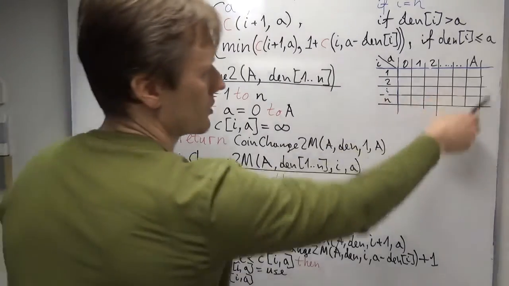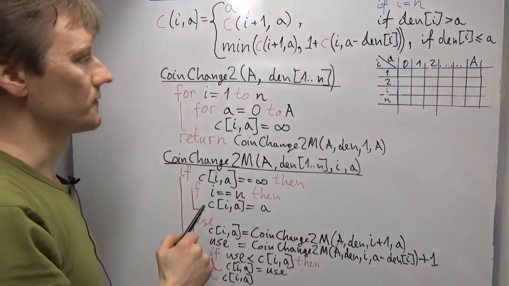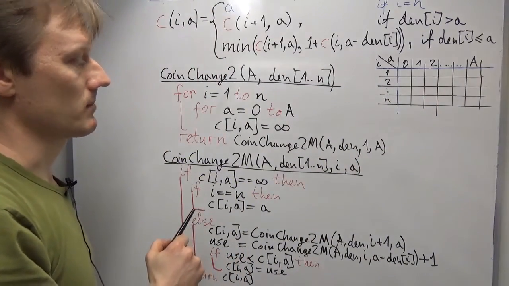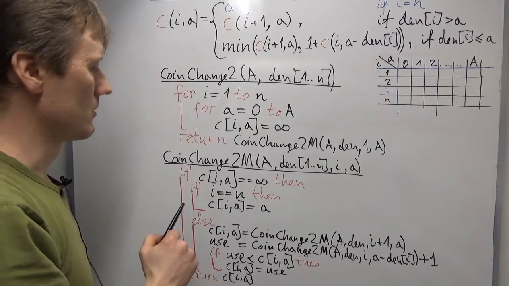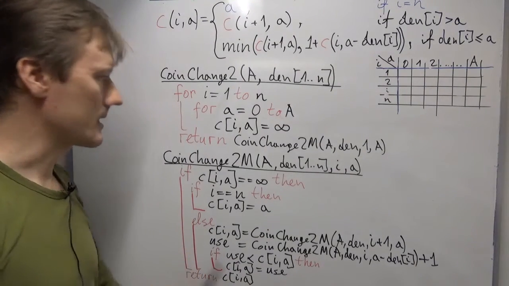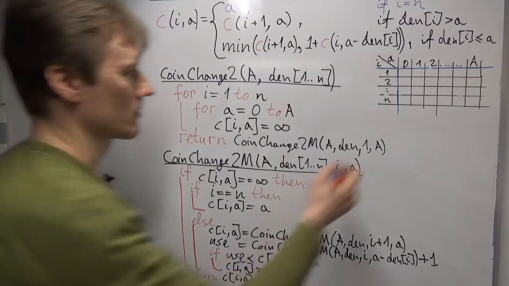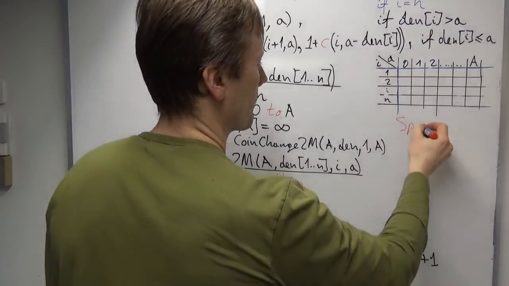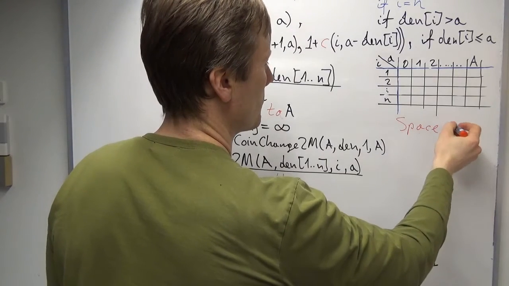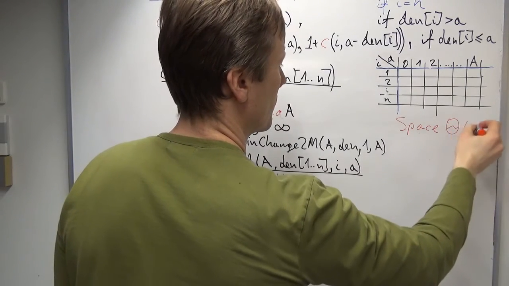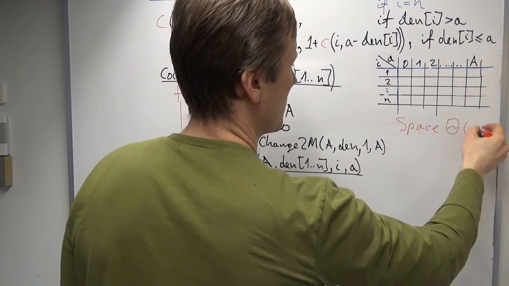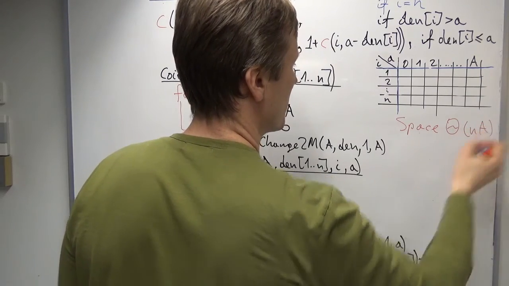So we have this two-dimensional array that we will fill in with subproblem solutions. So we can immediately say that the space complexity of the algorithm is n times A.